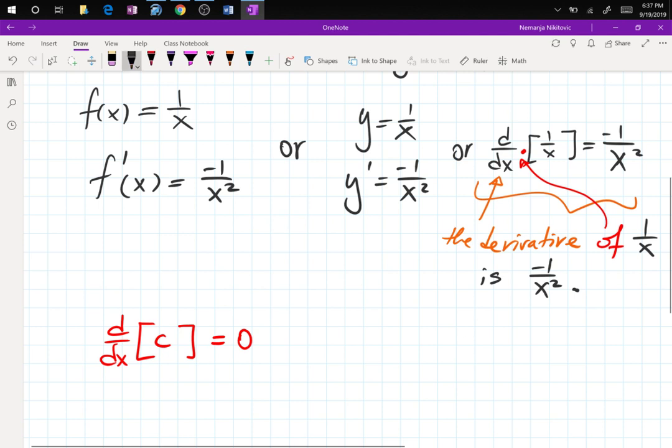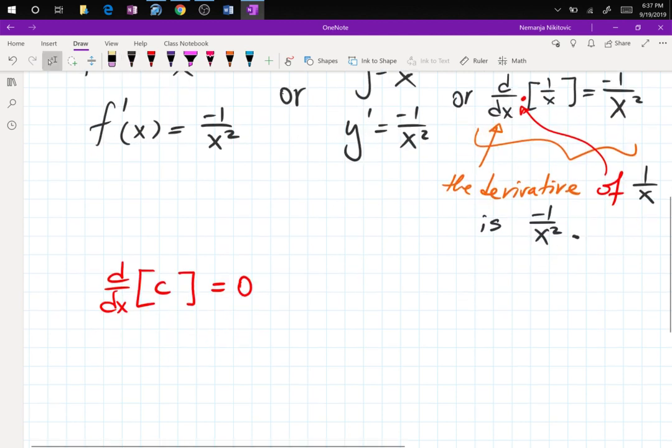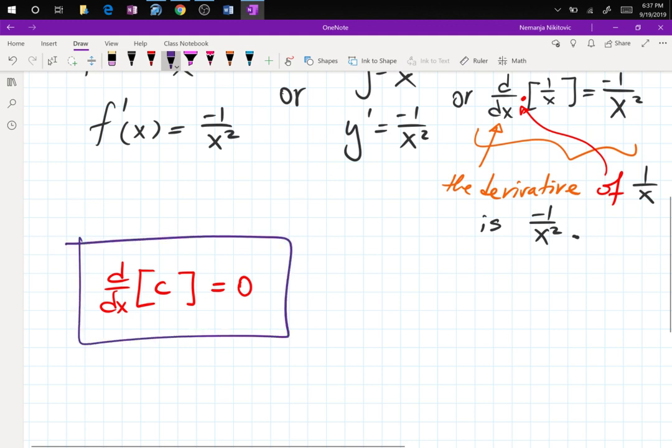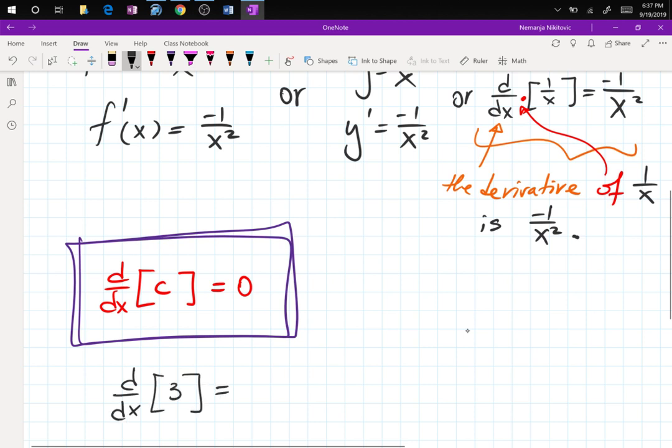So technically what you are looking at with this formula is an example: what is the derivative of, let's say, the number 3? And the answer is 0 because of the graph.